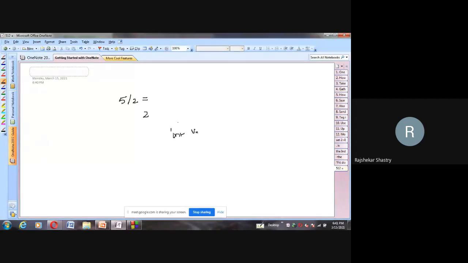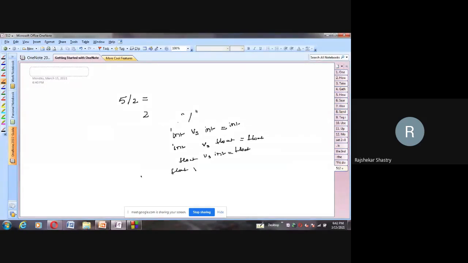Integer versus integer is always integer. In C language, when we use the division operator between 2 integers, the resultant is an integer. Integer versus float is always float. Similarly, float versus integer is also float. And finally, float versus float is also float.